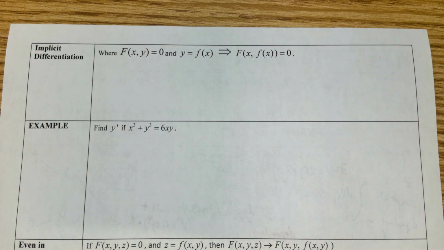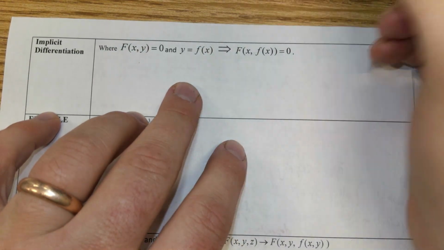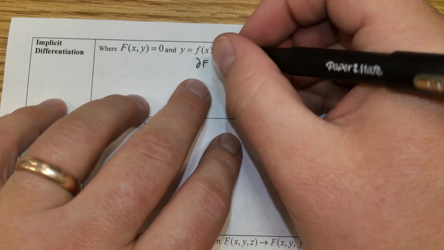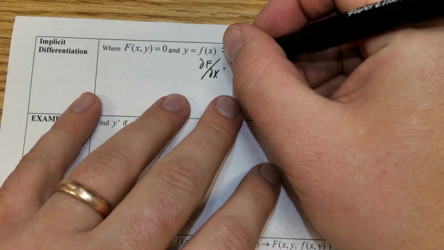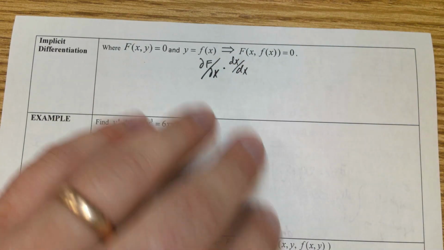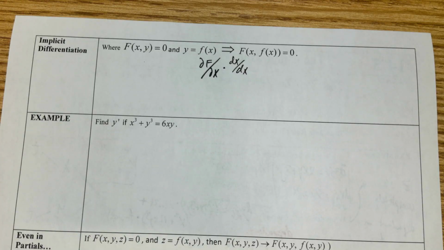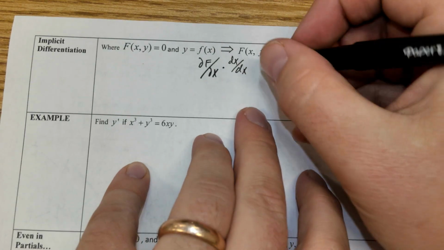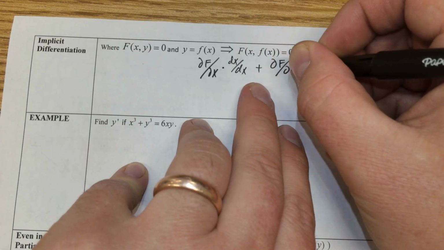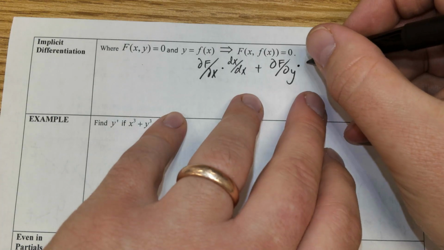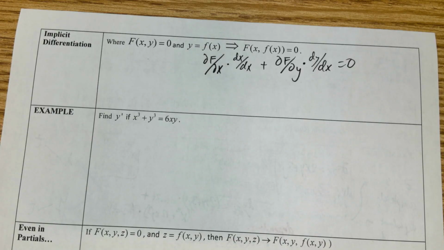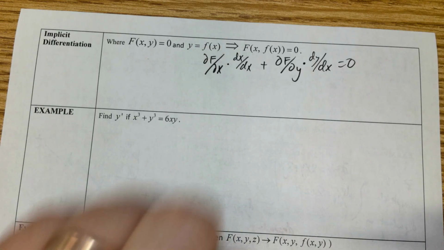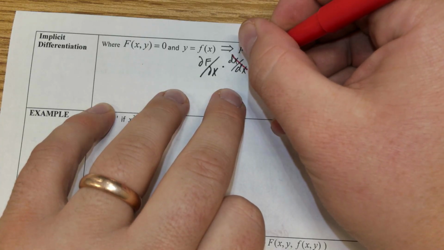Well, then I know if I took those derivatives that we're used to, I would get the part of f that depends on x times dx dx, and the part of f that depends on y times, you guessed it, dy dx. And we know for a fact that dx dx just eliminates to make 1.